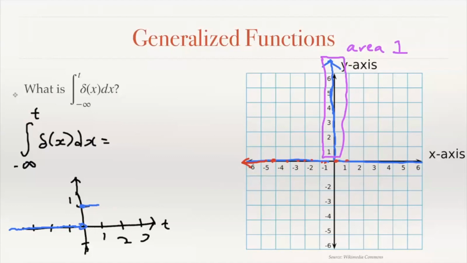And as we keep going to the right, do we add any more area? No. Over here, there is no more area to add. So then it just stays at our having area 1 to the left once we're bigger than 0. So this is what the integral looks like. What function is that? That is the unit step function.